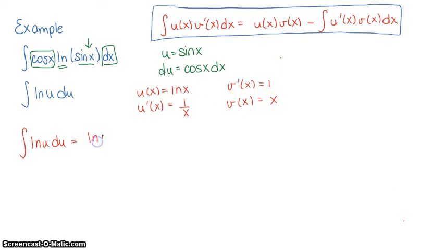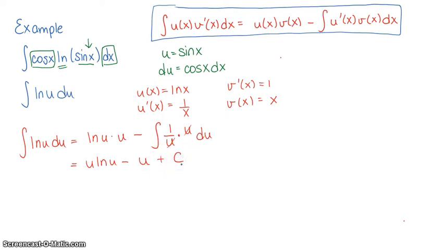So it'll be ln u times by u minus your integral, and then we have v prime of x, which is 1 over x, or 1 over u in this case, 1 over u times by our v of x, which is x, which is just going to be u du. So, nice thing about this, we now have u ln u minus, you notice this cancels out, so we have the integral of 1 du, which then becomes just u plus c.